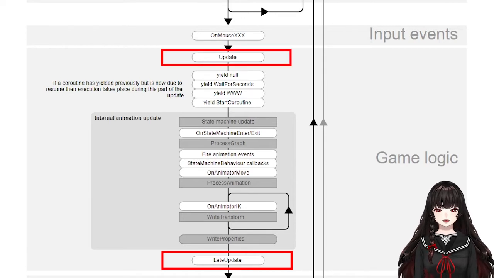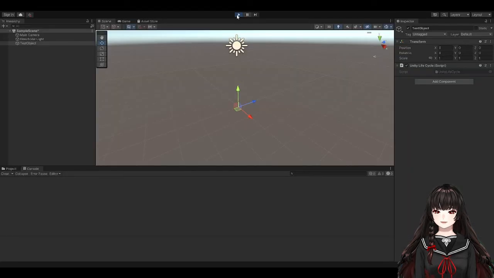Update and late update could be very useful to detect certain inputs or calculate certain values each frame, but most of the time there are more efficient ways to implement the same function, so think twice before using update in your game. Update is called each frame.